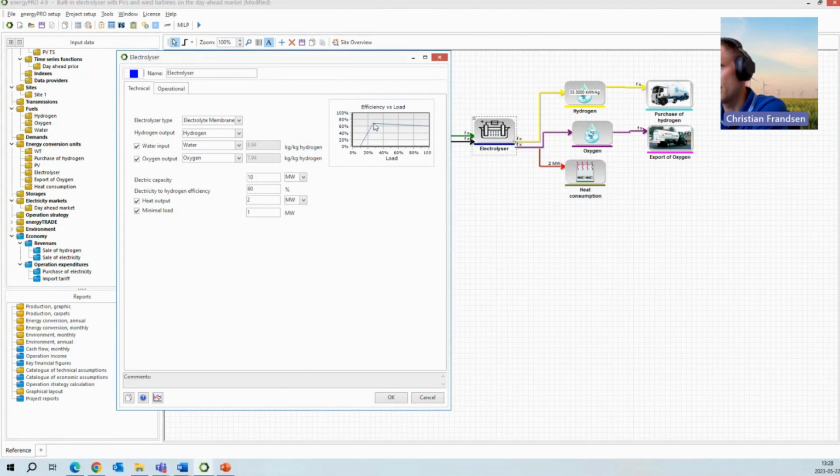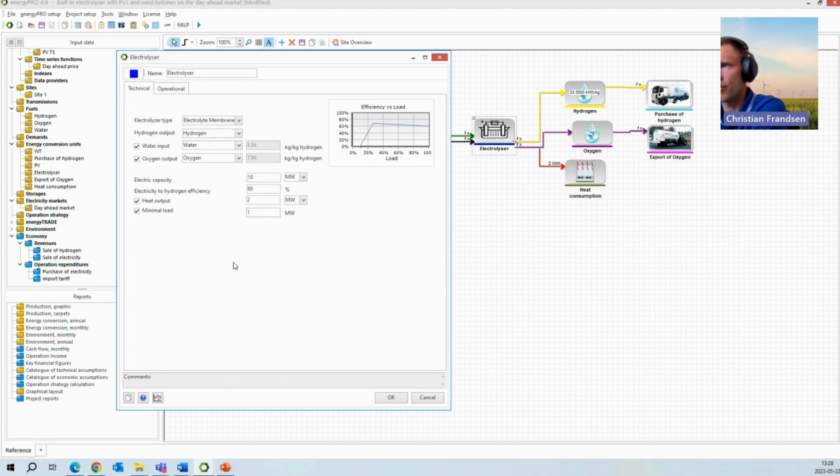And then that's the maximum efficiency, and then it slowly decreases up to full load. So in order for this to work, you should always have a minimum load that is below 25% or so. Otherwise, this curve will be a bit strange.